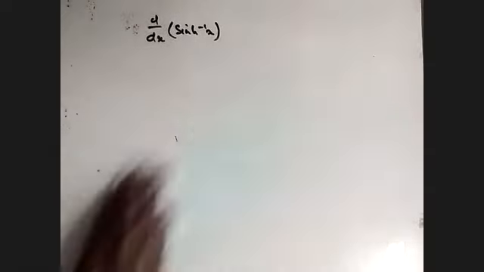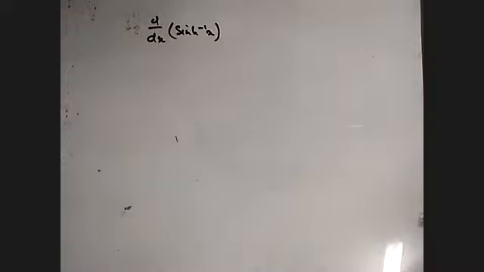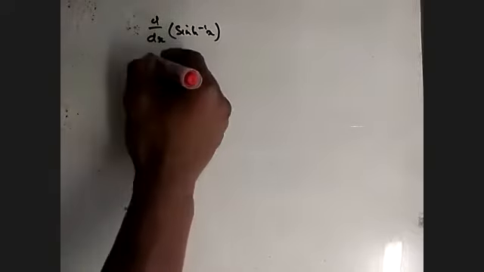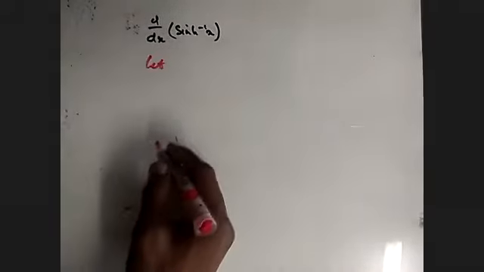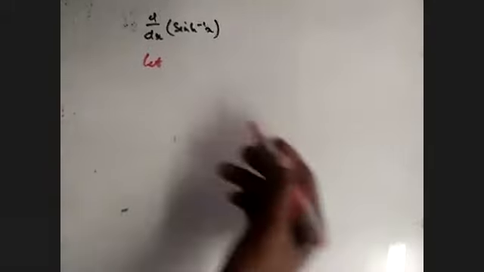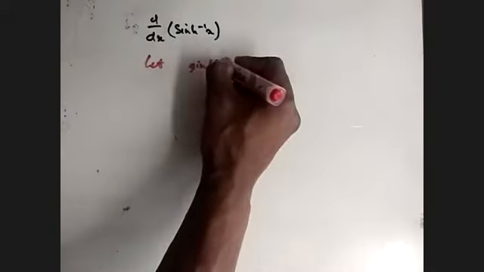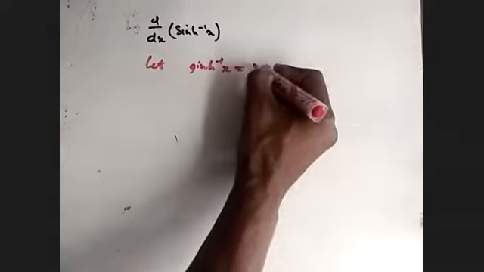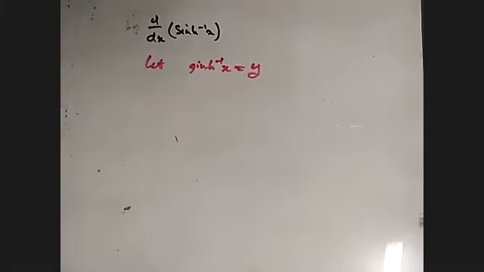So if I'm given something like this and I do not know what arcsinh is in terms of that, I'm going to use the most basic arithmetic. We're going to let something be equal to something. We're going to let arcsinh x be equal to y.